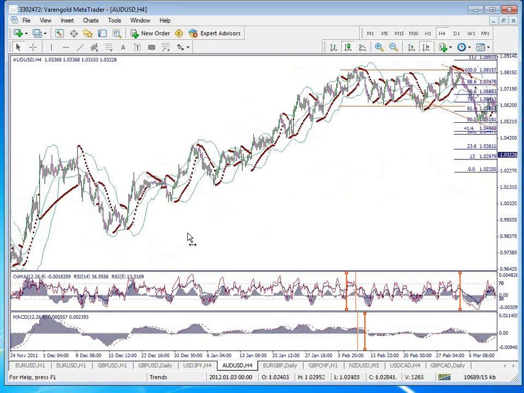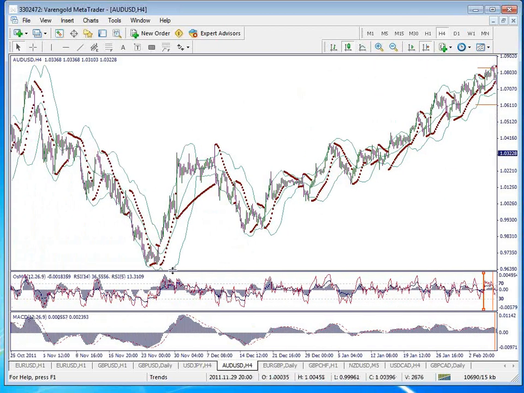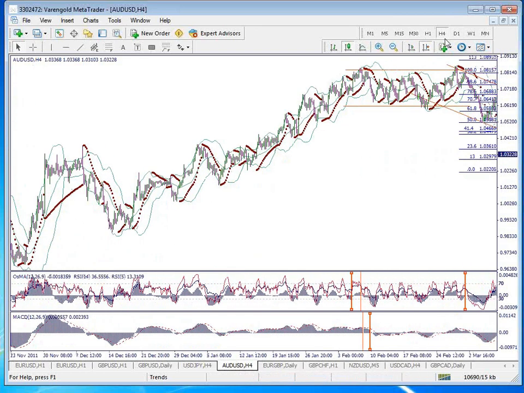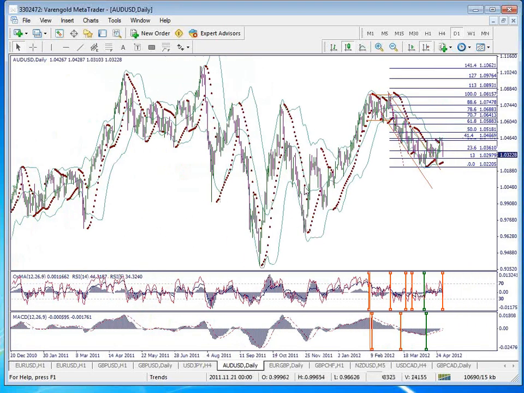So I will put the Fibonacci into the last wave. I can consider from here or from here. I also can go on to daily to see. So probably from here to here is the last wave that I have to consider.